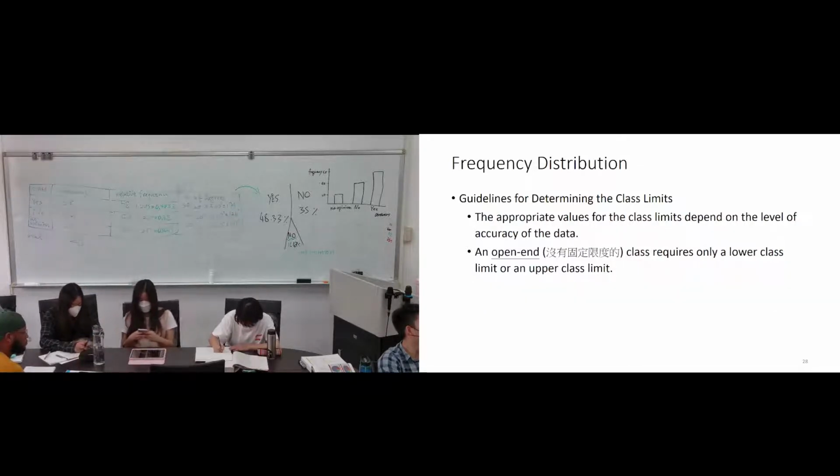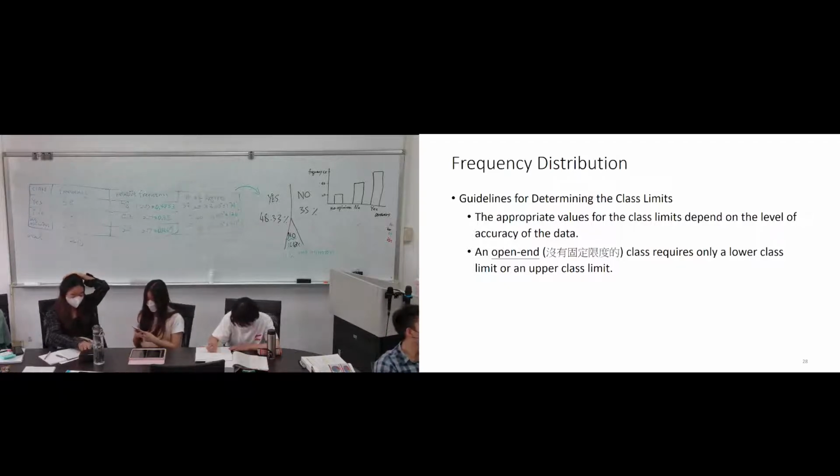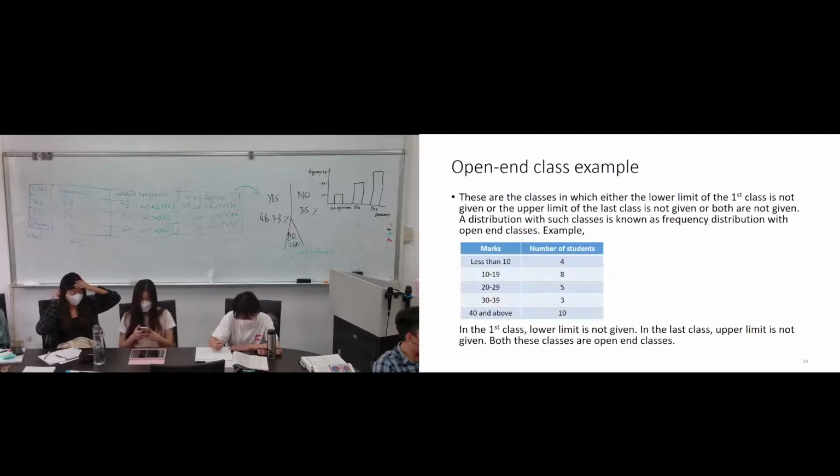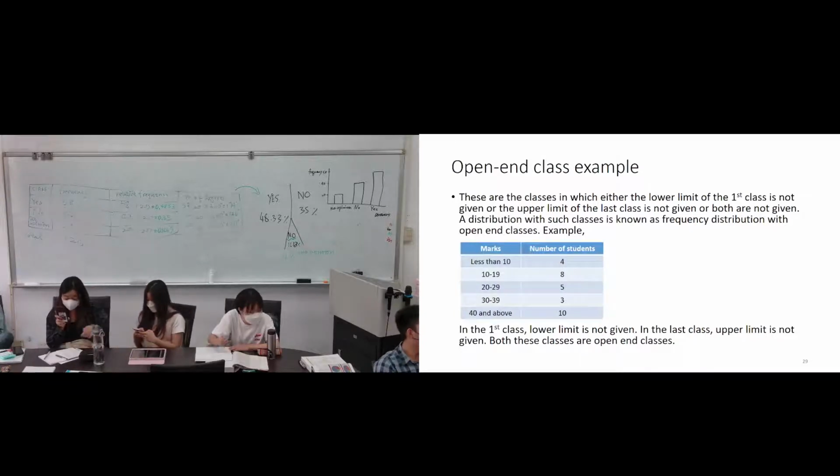Also, we have heard of the open-end class. It means that it does not require a lower class limit or an upper class limit. Let's see the example for the open-end class.